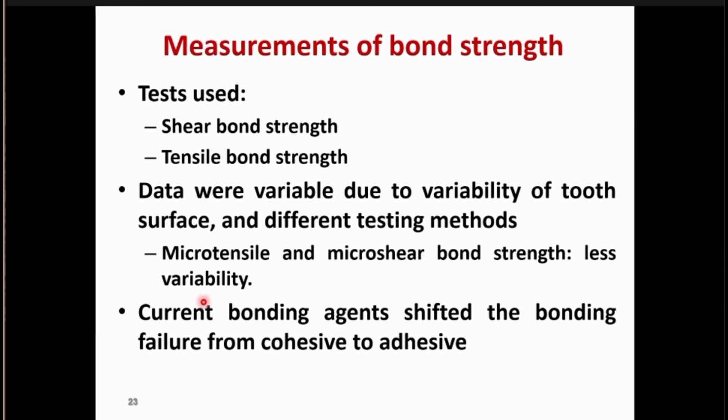Currently available bonding agents are shifting the bonding failure from cohesive to adhesive. Which means the bonding agents are very good now and the failure is mainly adhesive, not within the adhesive itself.